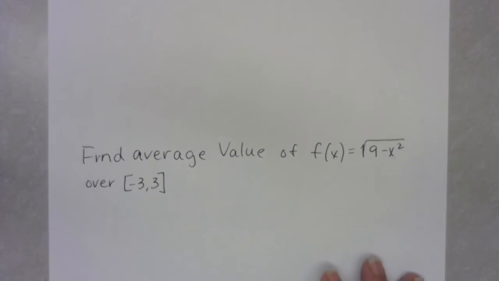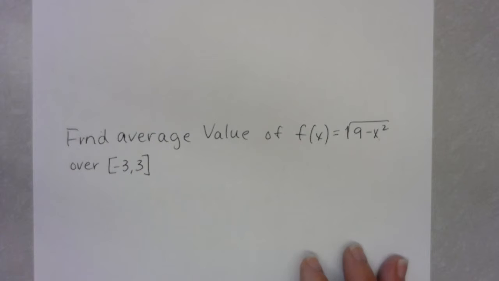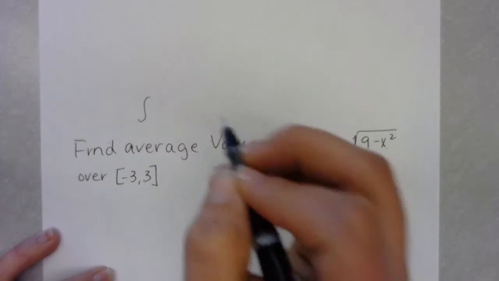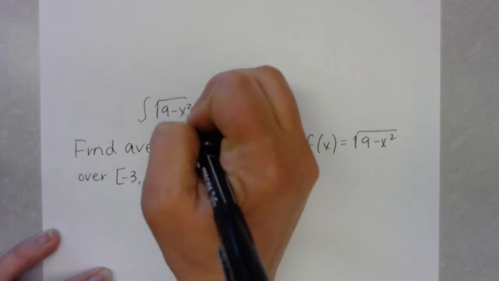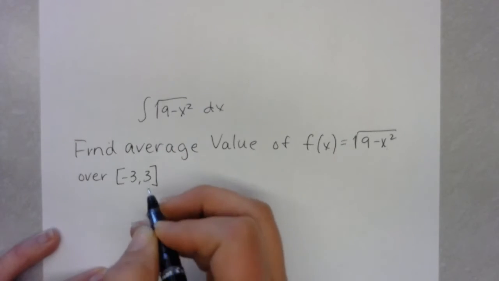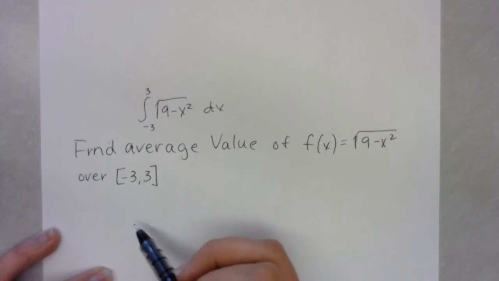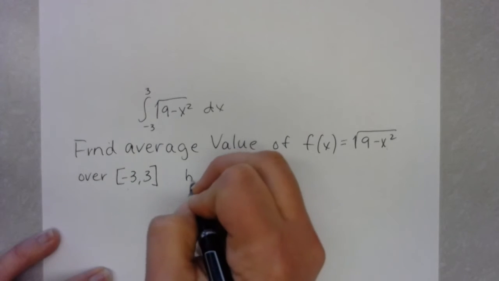Okay, to find the average value of f of x equals the square root of 9 minus x squared over negative 3 to 3, I'm going to write the definite integral. That means I'm going to find the integral of the square root of 9 minus x squared dx. These are my bounds from negative 3 to 3, and then my number of units on the number line I find as b minus a.